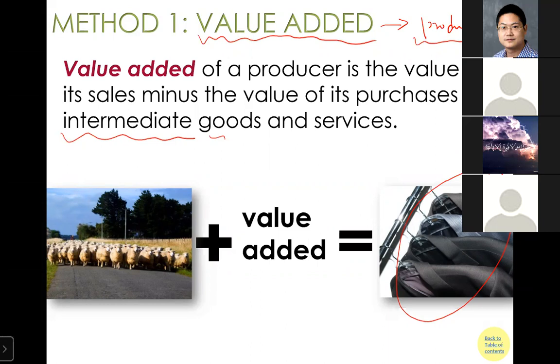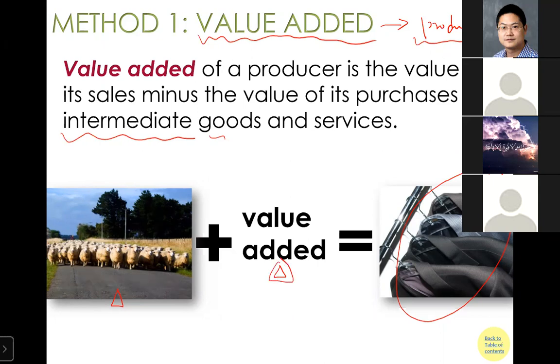On the left-hand side, what do we need? We need the sheep skin or sheep wool. That's the raw material. And then we have value added. This manufacturer assembles, does their job, and converts those raw materials into a final product. So that's value added.